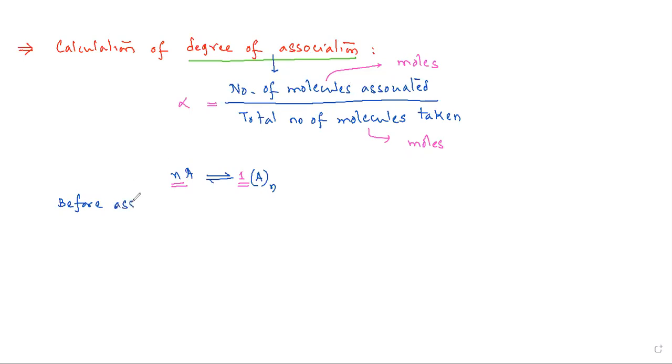Before association, let us suppose that we have started with 1 mole of A. Of course, 1 molecule of A doesn't make any difference.